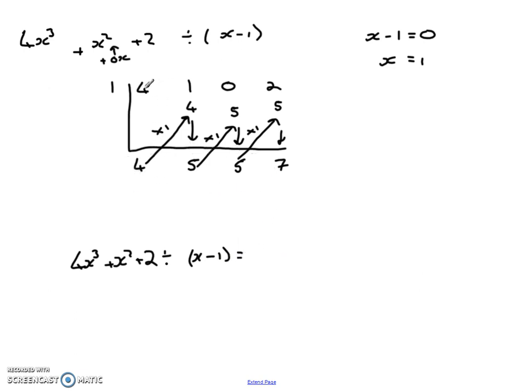But remember, this is an x cubed, this is now an x squared, this is an x squared, this is now an x. This was a constant, this was an x, this is now a constant, and this column here represents a remainder. So it's going to equal 4x squared plus 5x plus 5 with a remainder of 7 left.